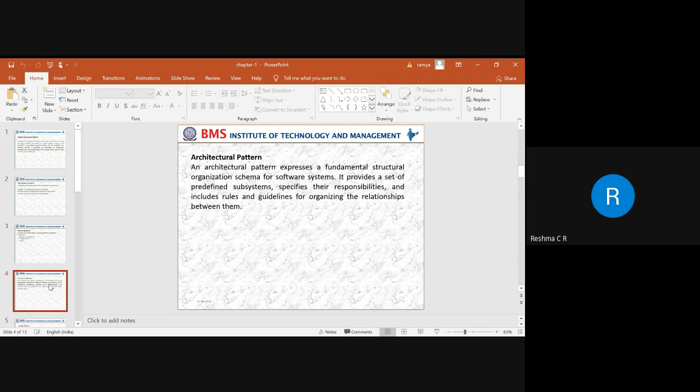So whatever the complex systems are there, that particular software system has to be identified. After identifying that, we need to identify what the different subsystems are.